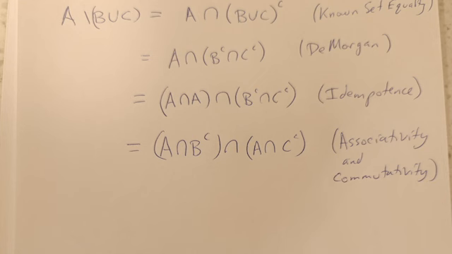So using associativity and commutativity, I can reorganize it to get A intersect B complement intersect A intersect C complement. And my reasoning is associativity and commutativity.